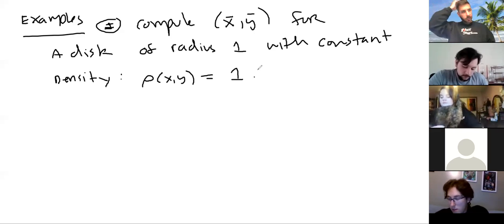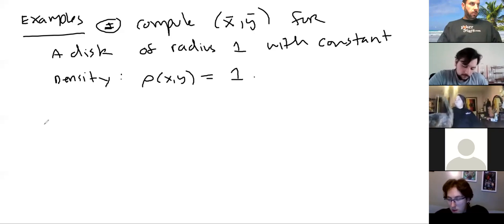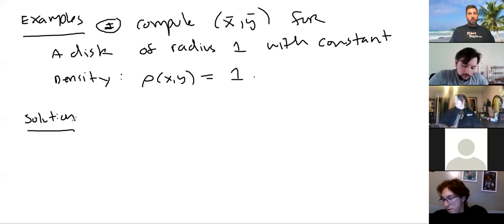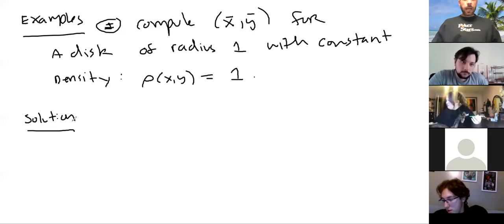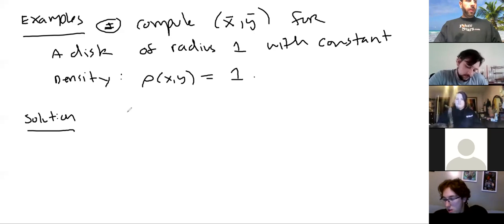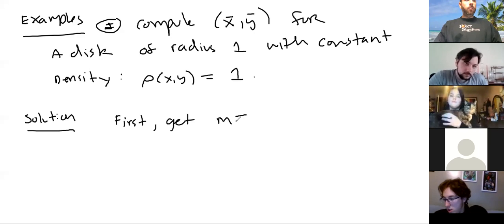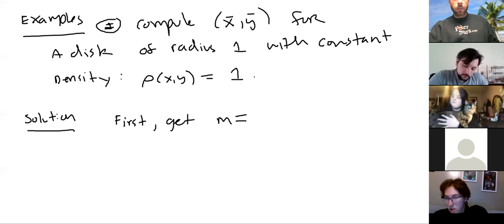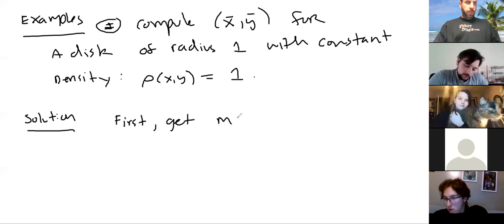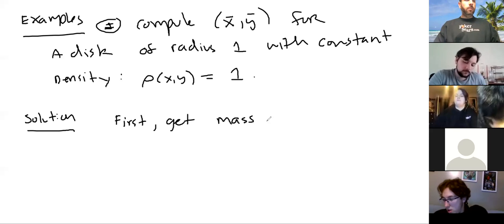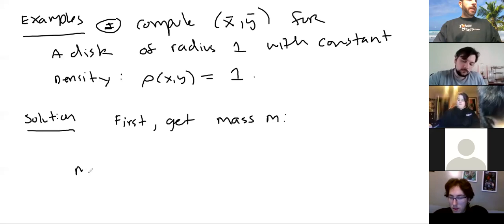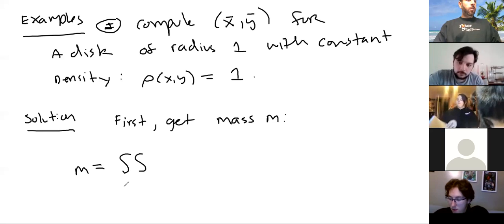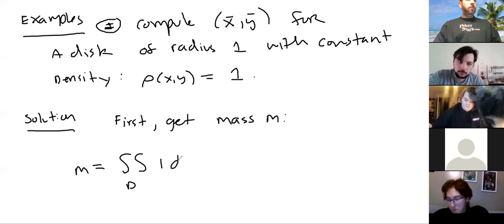We'll say 1. Make our calculation easier. So how could we do this? Well, we need to compute 2 things. So let's get m. This is mass m. So mass is just the integral over this region of 1 dA.